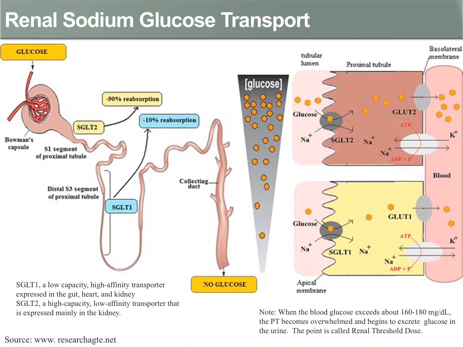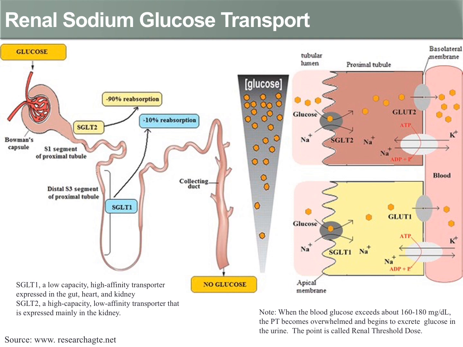So briefly, to review your physiology, when glucose is found in our blood, it gets filtered into our glomerulus, and then will find its way into the proximal convoluted tubule, where through the SGLT2, around 90% is absorbed.